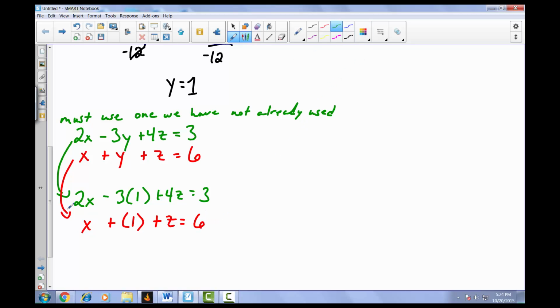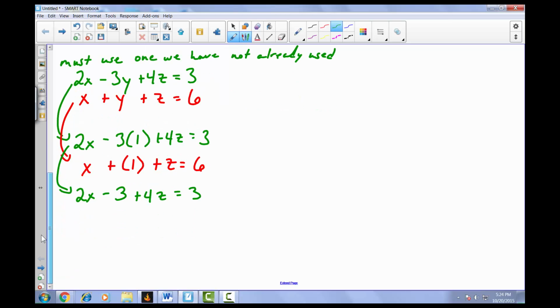Simplifying further, 2x minus 3 times 1 is just 3, plus 4z is equal to 3. For our red one, we have x plus 1 plus z is equal to 6.